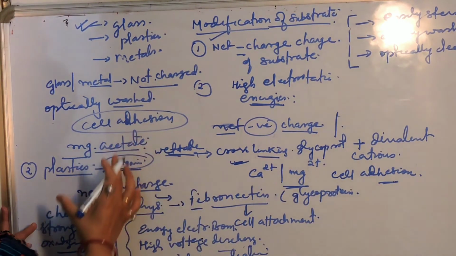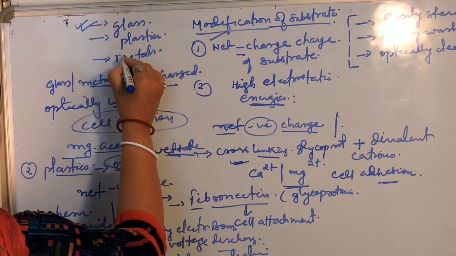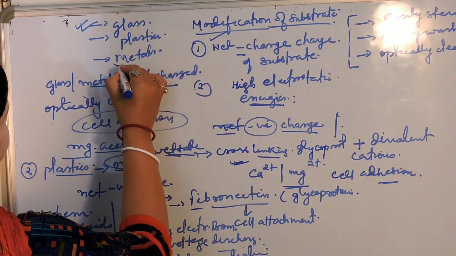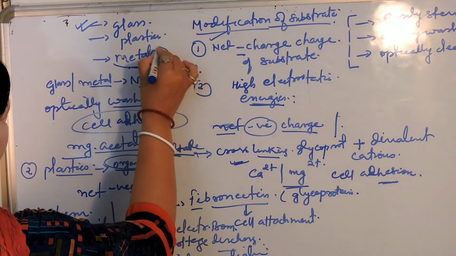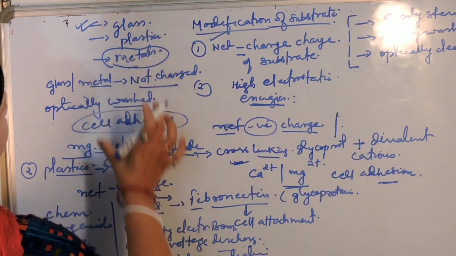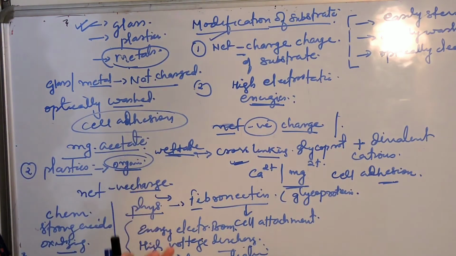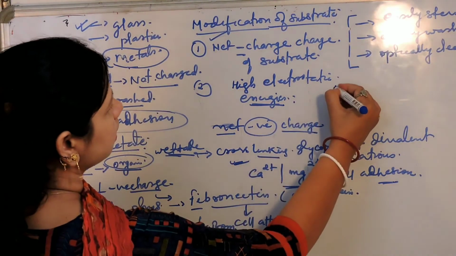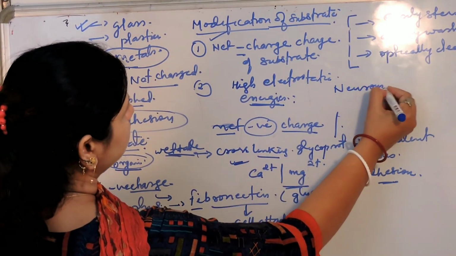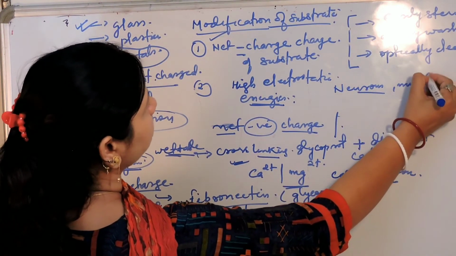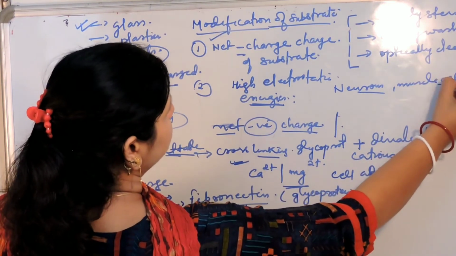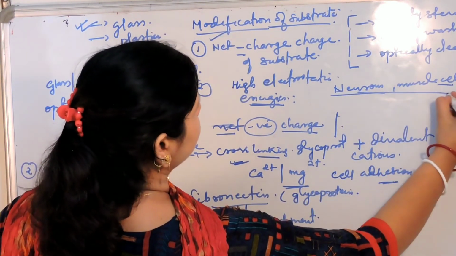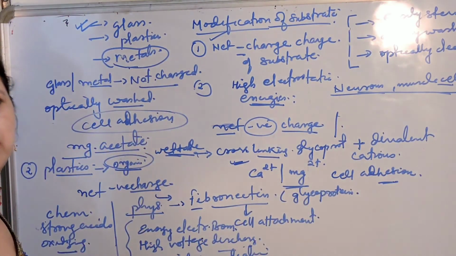There are some special cases. For example, in case of culturing neuron cells or muscle cells, the substrate surface is made positively charged, not negatively charged.